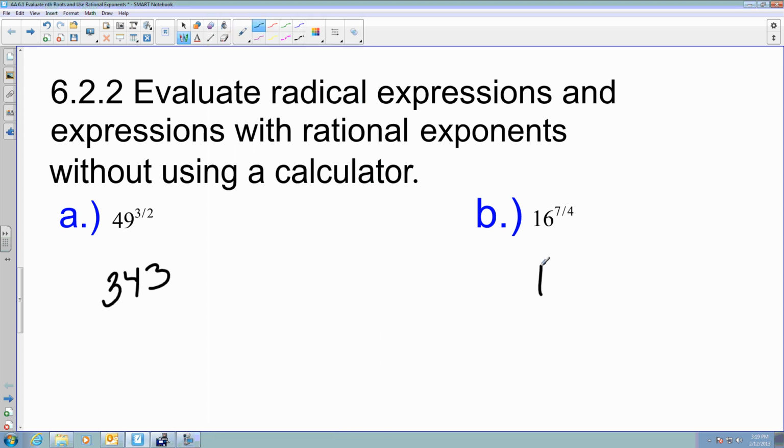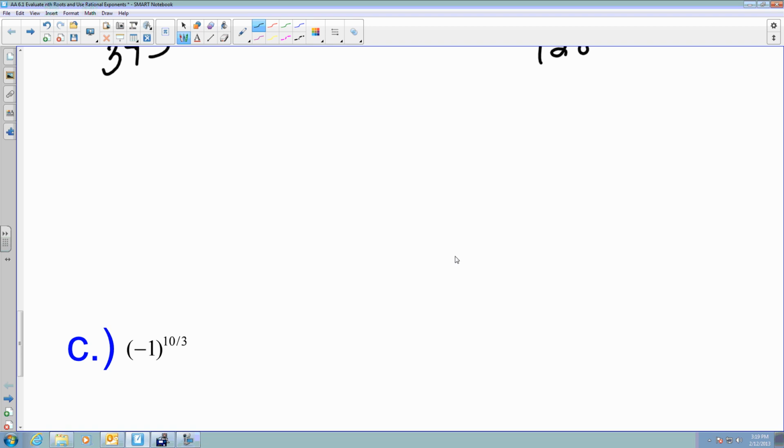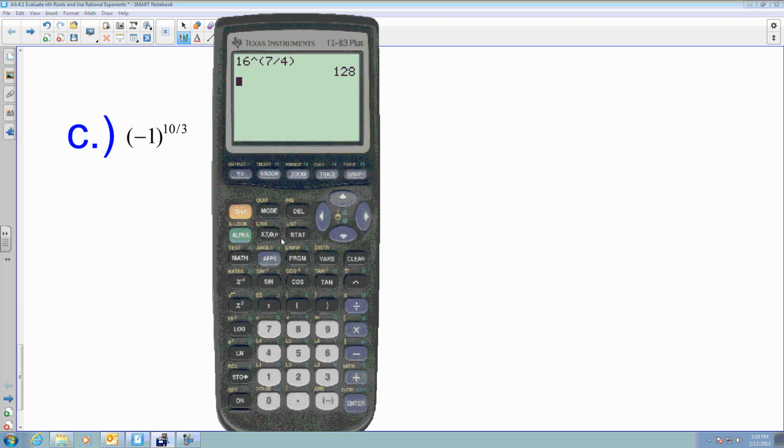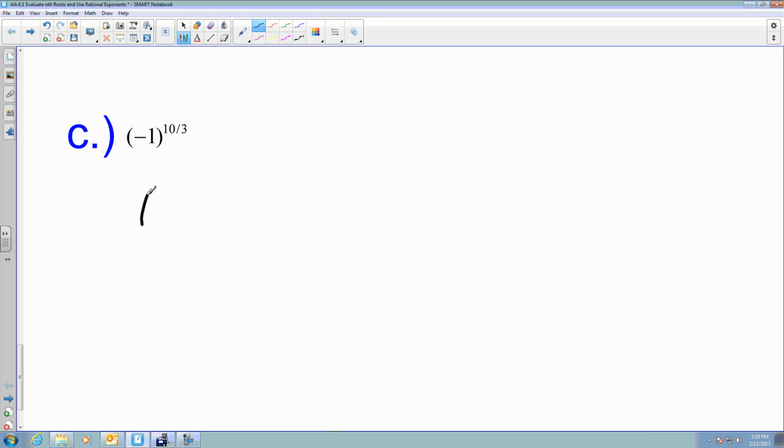That equals 128. And then the last one is negative 1 to the 10 divided by 3. And that equals 1. Not too bad.